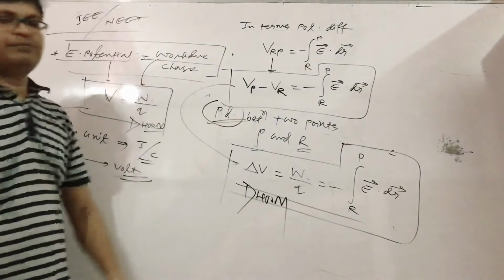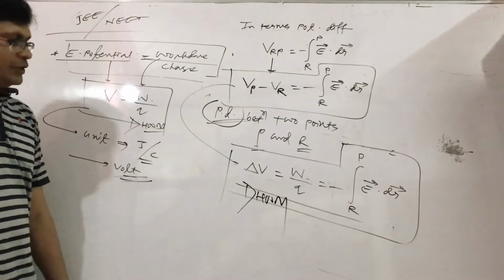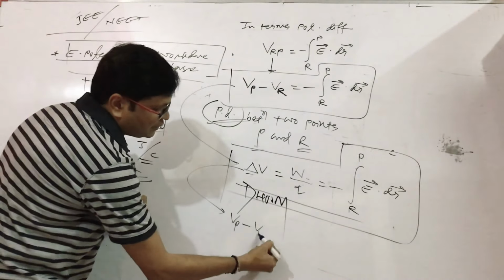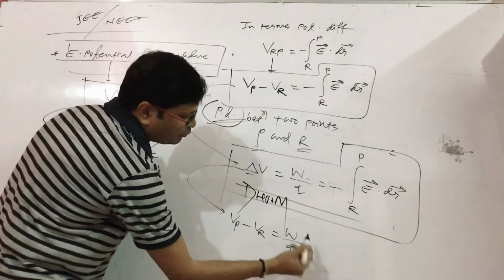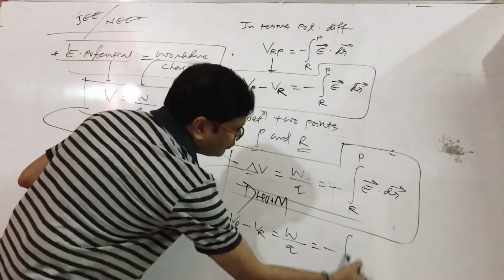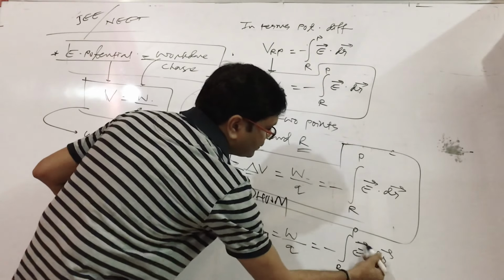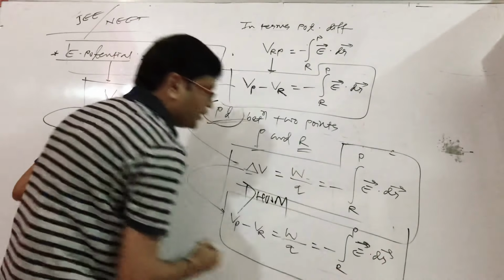So, most IMP in terms of potential difference: you can also write, instead of delta V, V_P minus V_R equals W by Q equals minus integral R to P E dot dr. This is also very important.